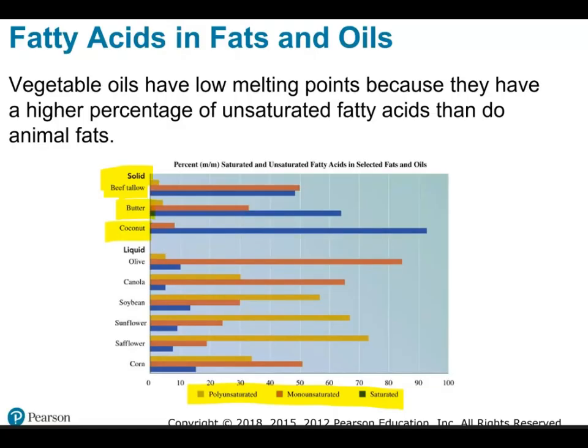Now you start looking at plant oils, and by and large, the orange and yellow bars represent mono and polyunsaturated fatty acids, respectively. You can see that they contain a fair amount of those unsaturated fatty acids.